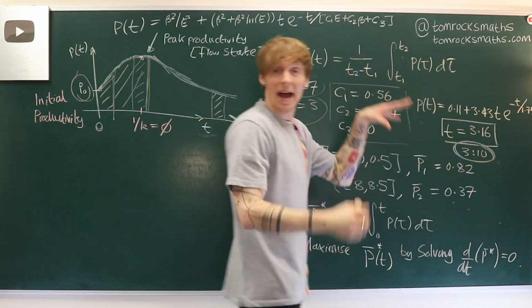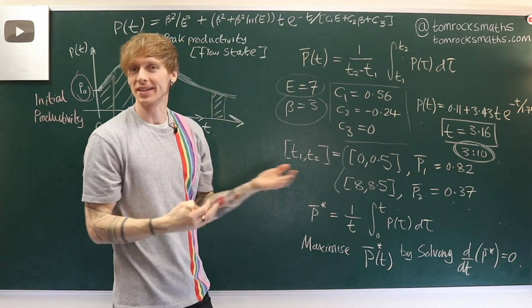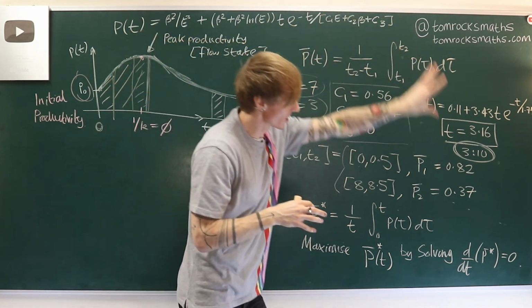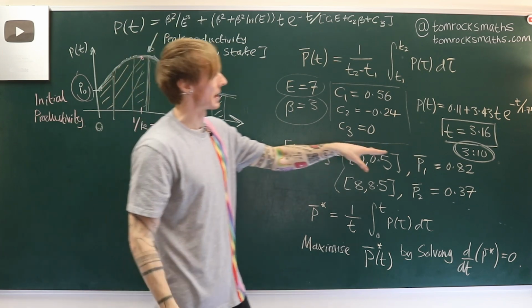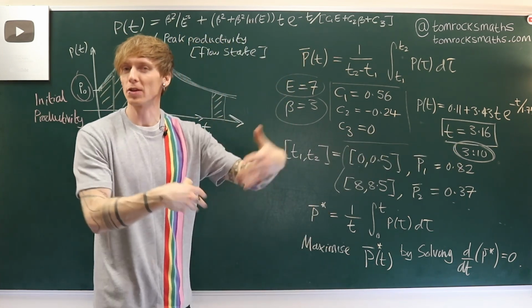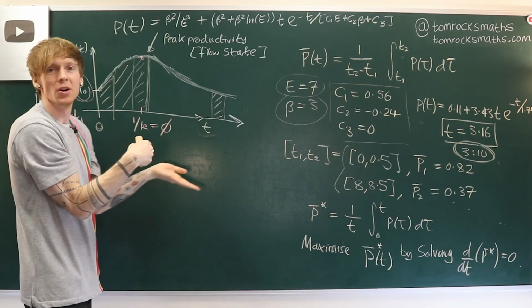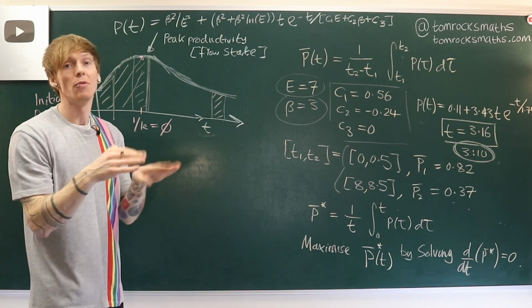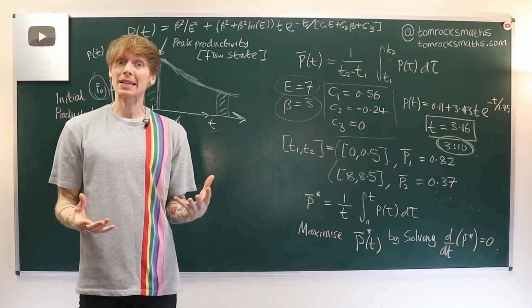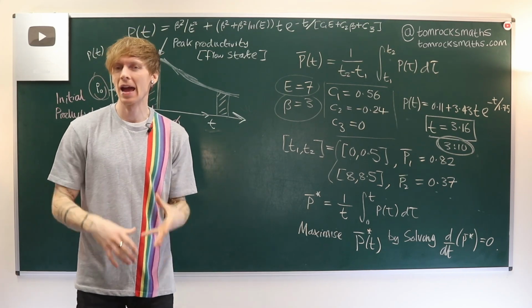So if you, as this particular user with these constants, wanted to undertake this task, the productivity model would tell you you should spend 3 hours and 10 minutes to maximize the amount of effort you're putting in versus the productivity and therefore the output that you get for that effort. So that's how we maximize productivity for a single task.